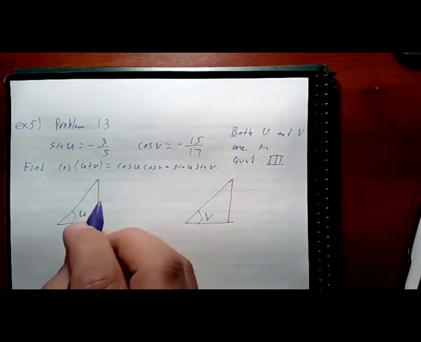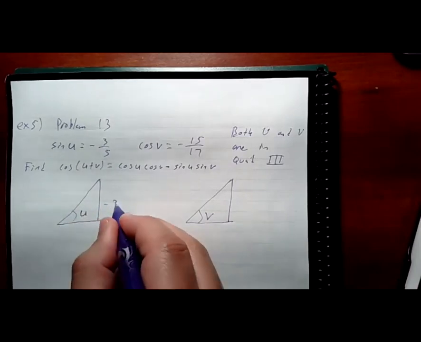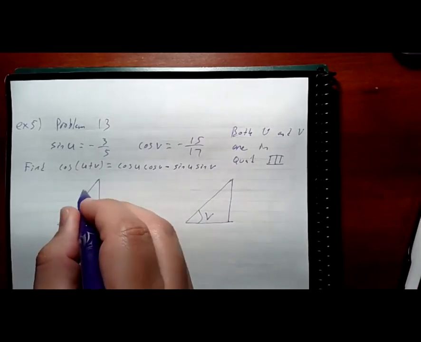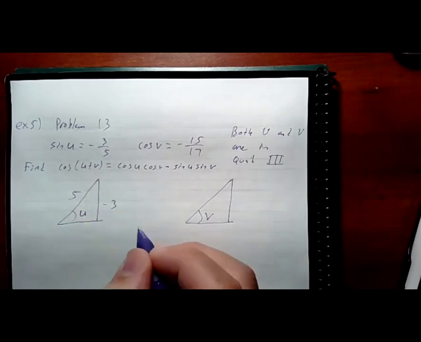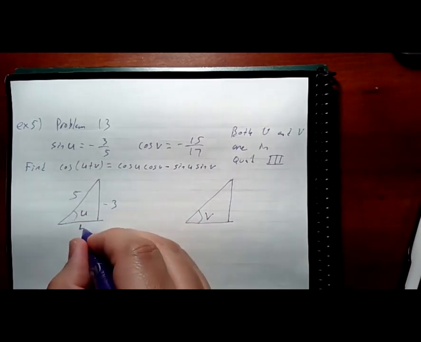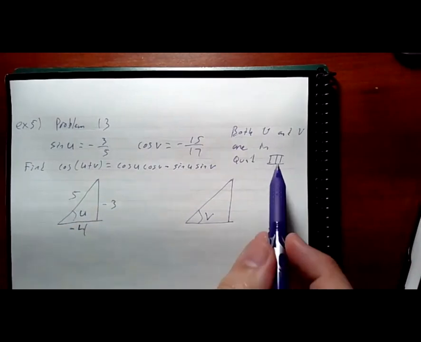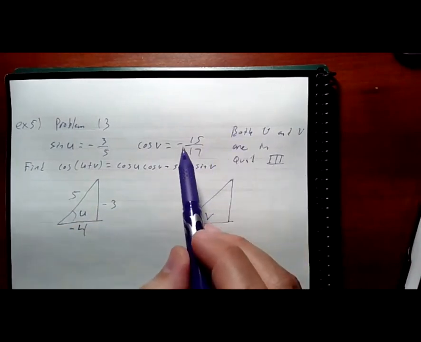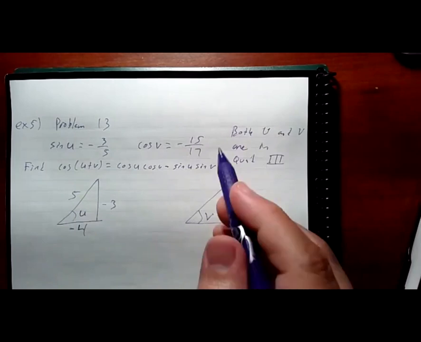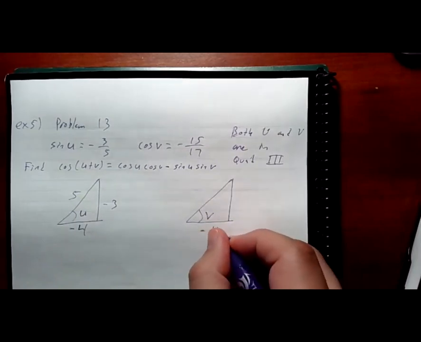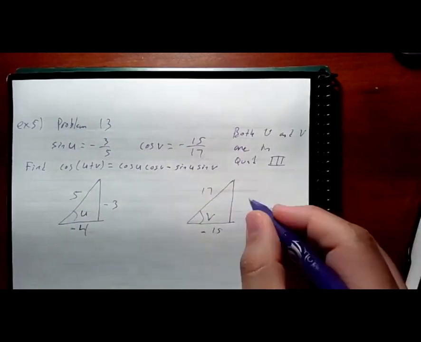So opposite over hypotenuse, right? This is going to be 4 because it's one of the magic triangles, or you could do Pythagorean theorem, but negative because it's in quadrant 3. Cosine v, adjacent over hypotenuse.